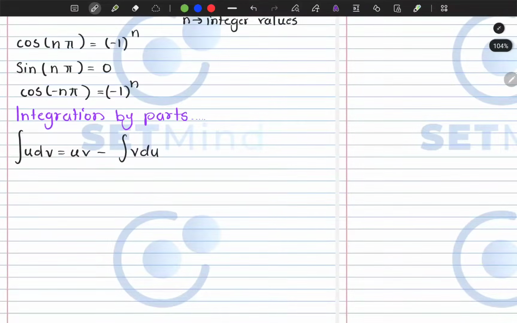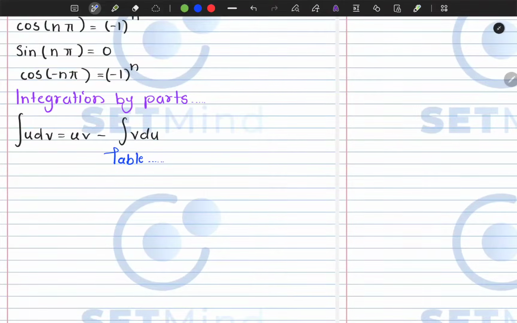However, for the most part, there's a table that you can also use for you to do your differentiation or your integration. On this table, you have two sides. On one side, you derive, meaning differentiate, and on the other side, you integrate.